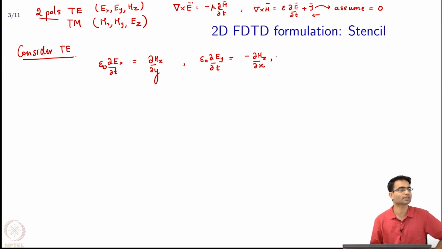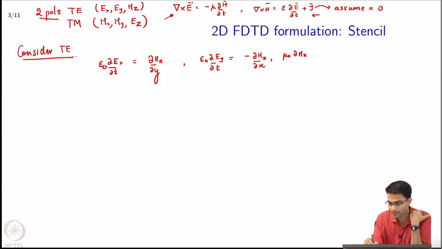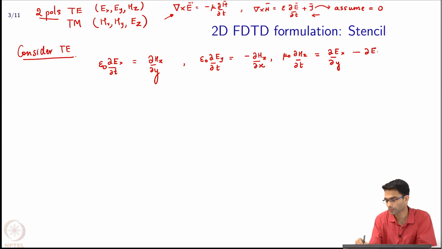So, I have used the second Maxwell's equation, and finally, what is left is the first Maxwell's equation. In that, how many components are there which are non-zero? This equation? Only one, because H vector is only Hz. So, I only have to take the z component. So, I will get the spatial derivatives of E now, right. So, in terms of time derivative, I will have mu naught dHz by dt, and I am left with Ex, three equations.